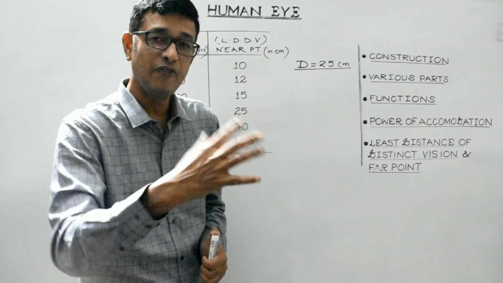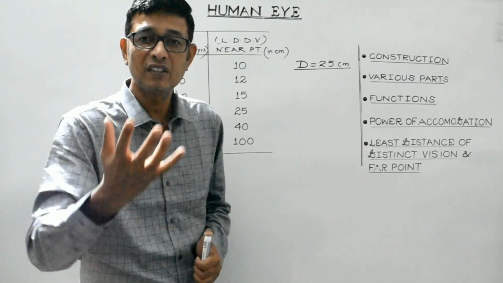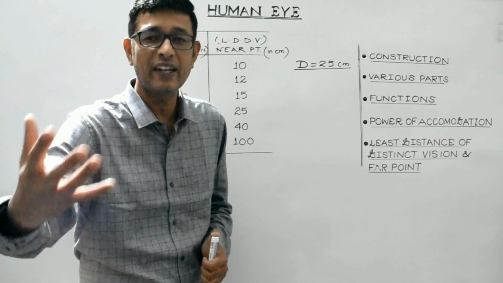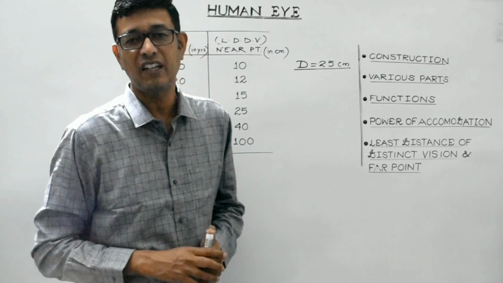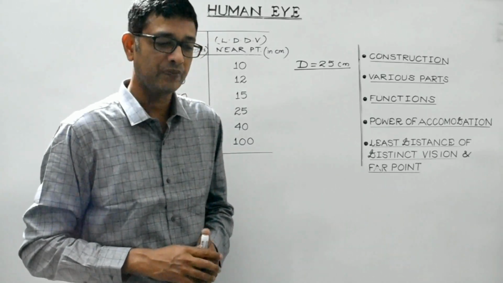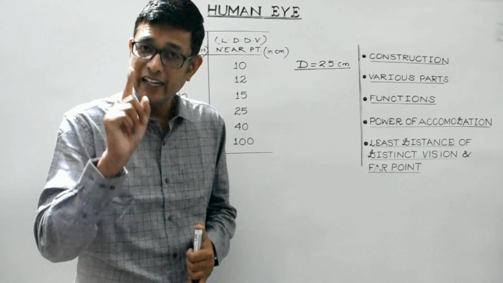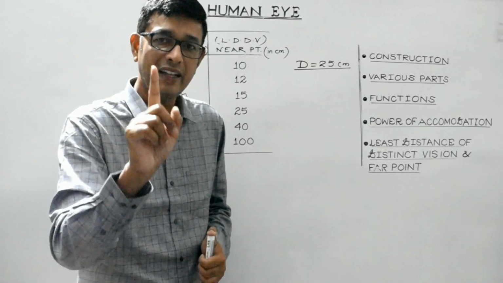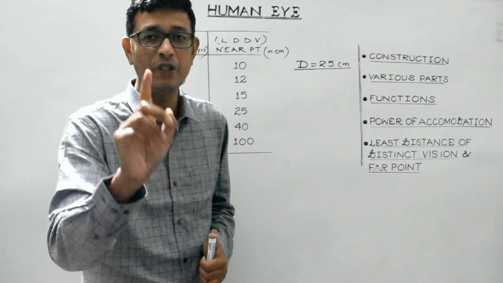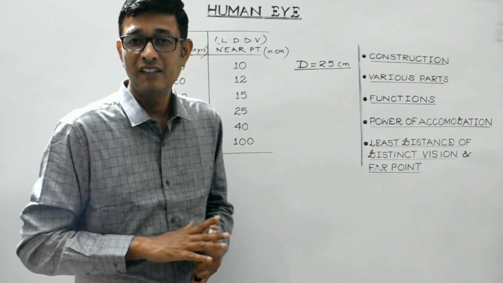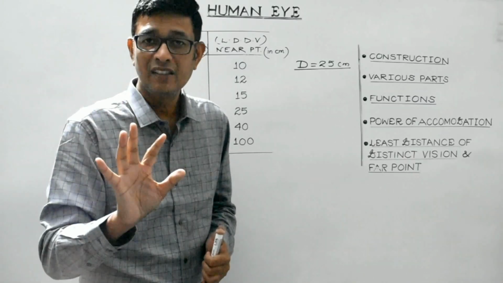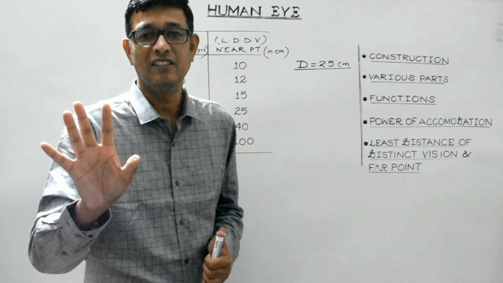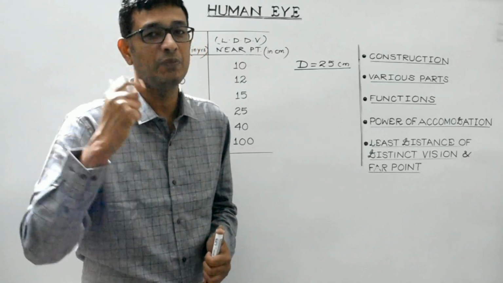So the near point and far point of a person also change with age, and accordingly the person tends to suffer from various eye defects, right? So L.D.D.V for a normal adult eye is considered to be 25 centimeter, but it needs to be very clear that L.D.D.V is not constant. It varies with the age of the person.